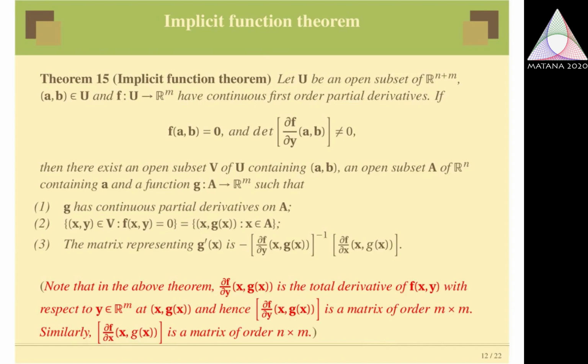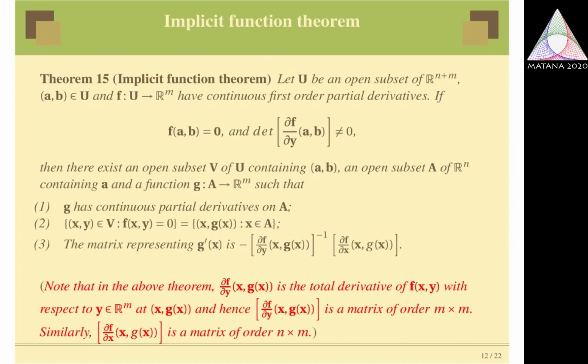If f of (a, b) is 0 and the determinant of ∂f/∂y at (a, b) is non-zero, then there exists an open subset V of U containing (a, b) and an open subset A of R^n containing a and a function g from A to R^m such that g has continuous partial derivatives on A. The set of all points (x, y) in V at which f vanishes is the same as the ordered pairs (x, g of x) where x varies over A.